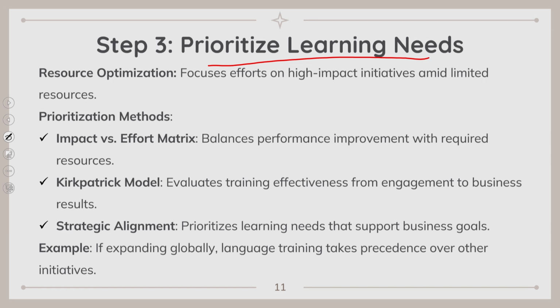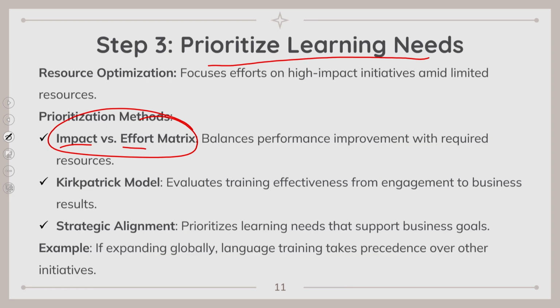So, if you look into how to prioritize the learning needs, several frameworks and tools can typically guide the prioritization. Let's understand this with the help of the first one, which is the impact versus effort matrix. So, this matrix plots learning needs based on 2 dimensions. One is typically impact and another is effort.